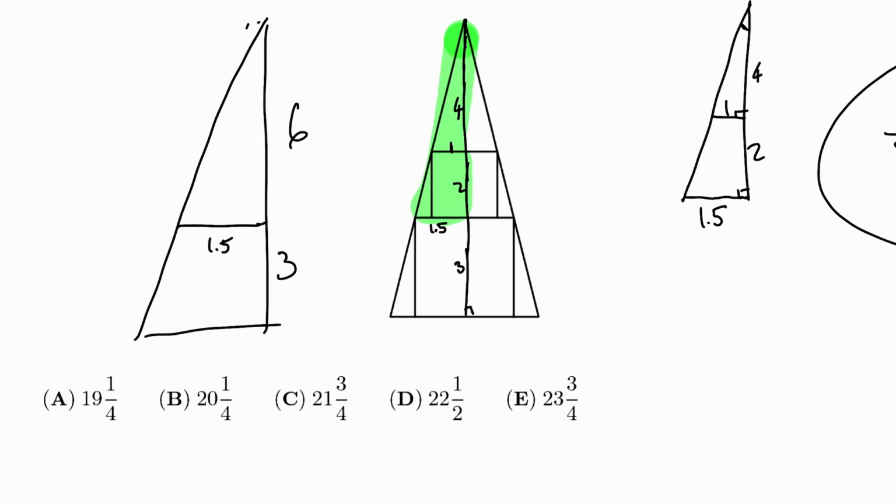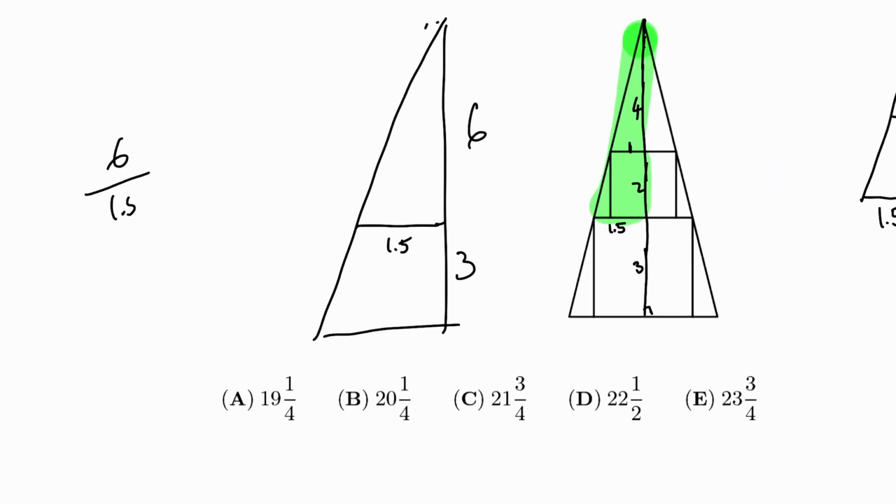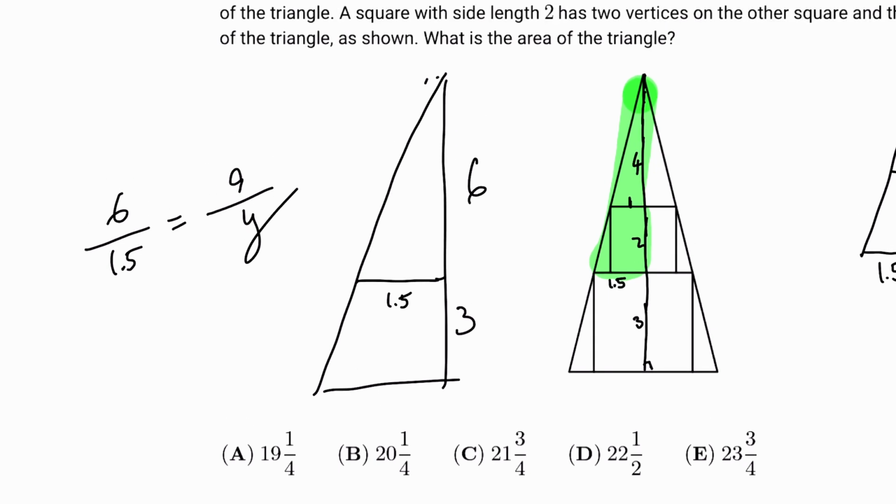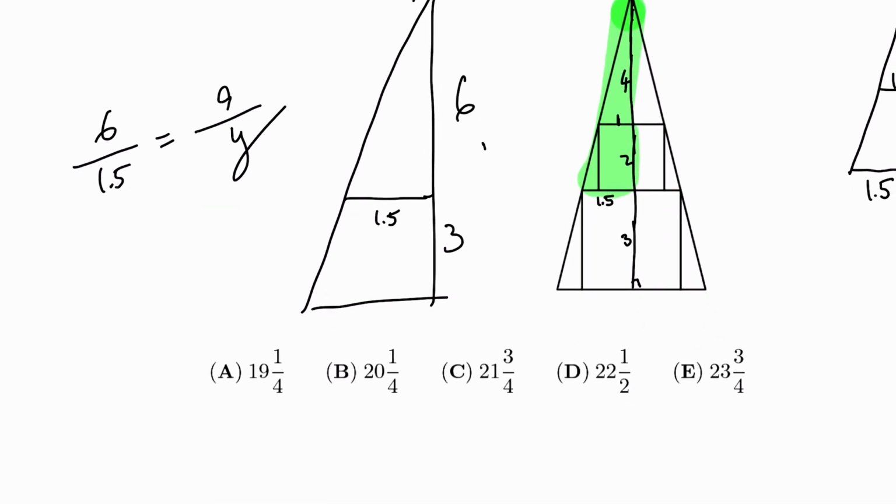You can do another similar triangle ratio equal to 9 over y. But similarly, you can also examine this, say, oh, this is 6. So if we divide that by 2 and multiply this by 3, because this has a ratio of 2 to 1, so this has a ratio of 2 to 3.